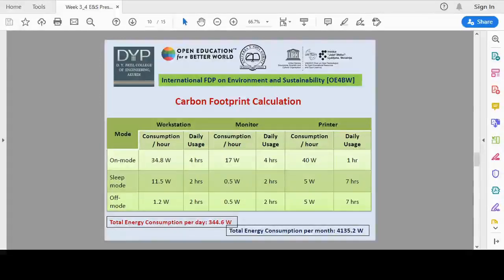The calculation determined that total energy consumption per day comes to 344.6 watts for these 3 devices, that is 36 workstations, 36 monitors and 1 printer available in the laboratory. So monthly it has increased to 4135.2 watts.